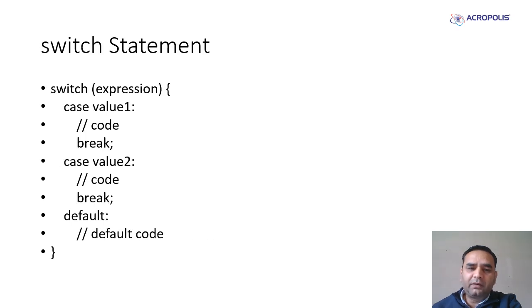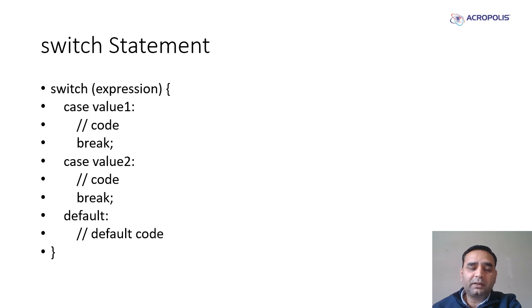There is a variation of this if else if ladder, that is called the switch statement. Whenever we want to check multiple conditions and these conditions are large in number, the if else if ladder becomes very tedious, so we can use switch in place of the if else if ladder.